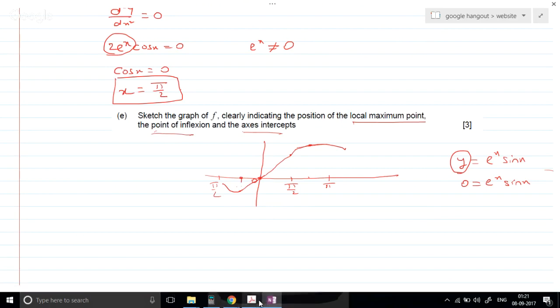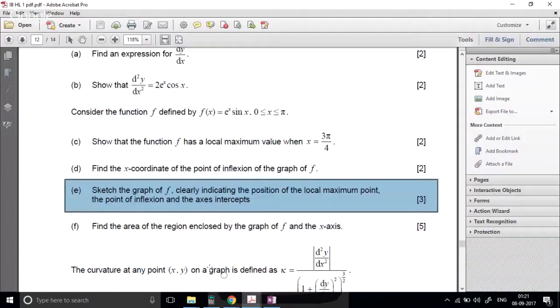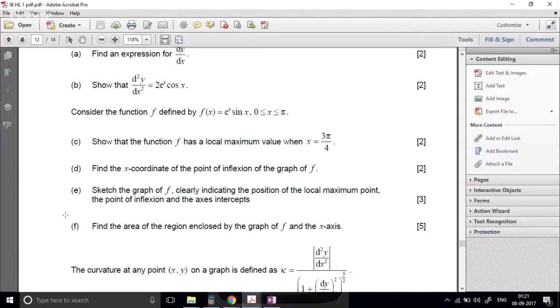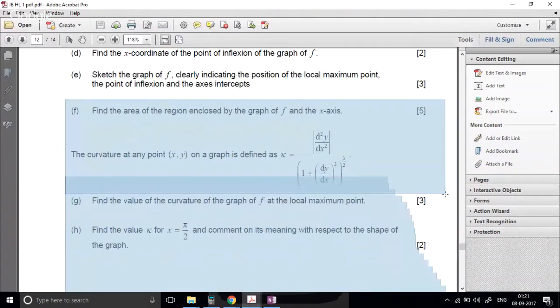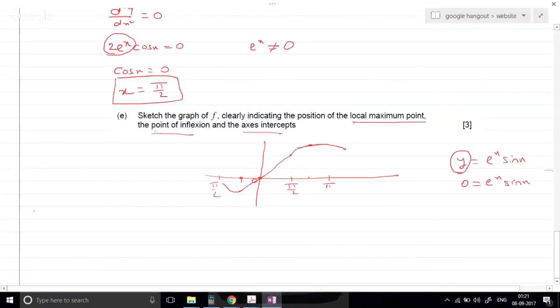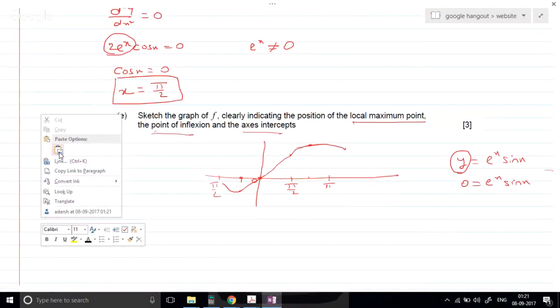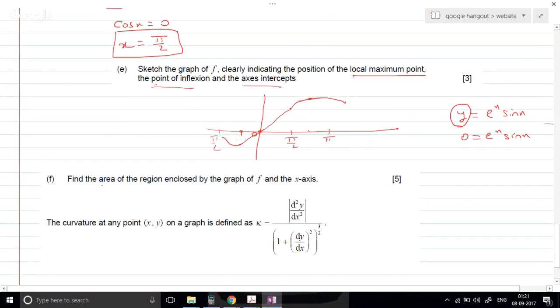Next part of the question. Find the area of the region enclosed between the graph and the x-axis.